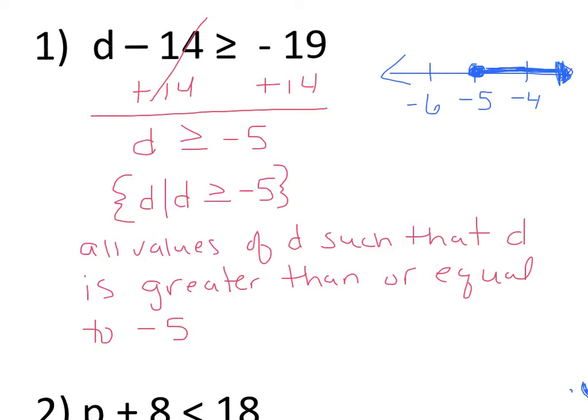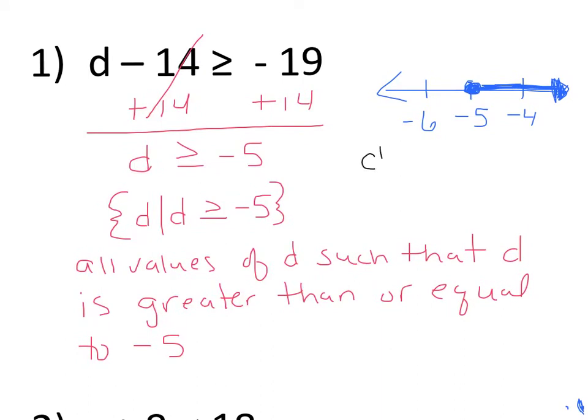So what that says is that every number bigger than -5 is a solution. Now, it is important to note that when we have a closed circle, and I'm talking about this guy right here, when we color that in, it's going to be a closed circle.